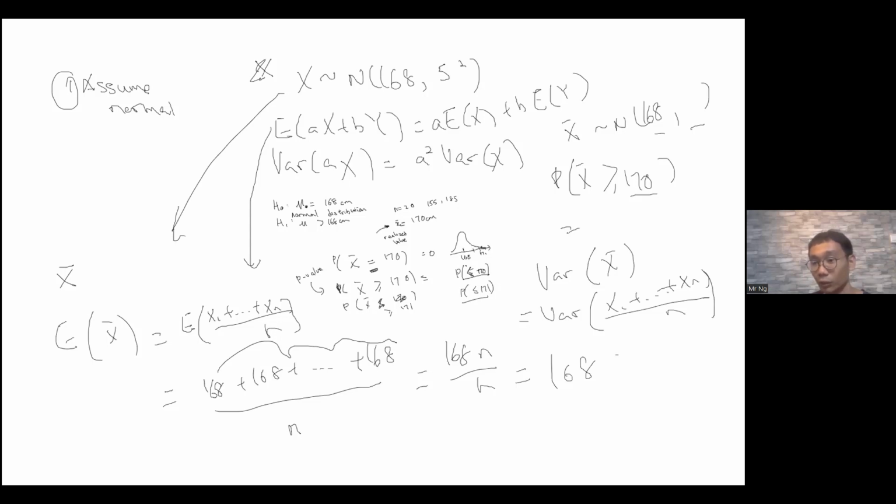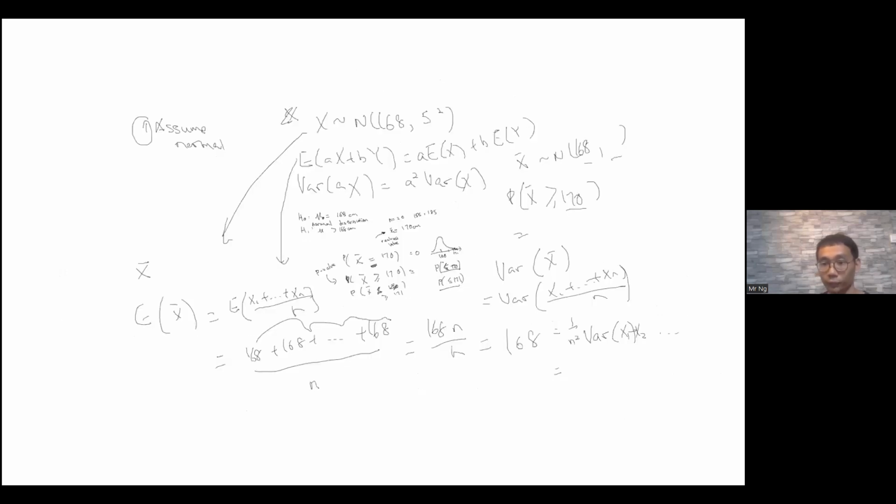So that equals 1 over n squared times the variance of x1 plus x2, etc. So it becomes n times the variance of x, then divide by n squared.